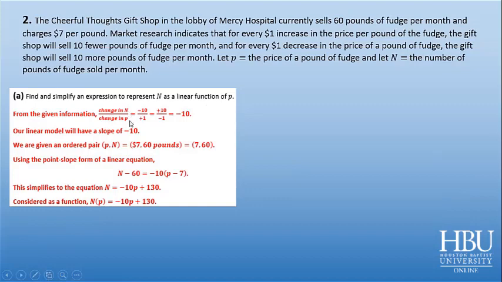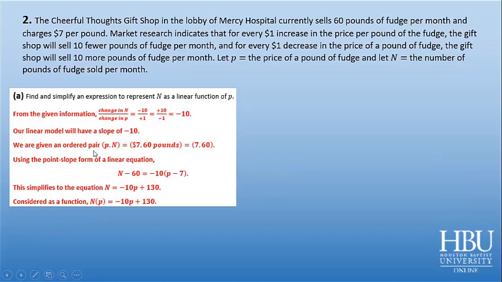If the price goes up $1, the number of pounds goes down 10, so minus 10 over plus 1. Or if the price is decreased by $1, the number of pounds increases by 10, plus 10 over minus 1. Negative 10 over plus 1 or plus 10 over negative 1 both equal minus 10. So the linear model will have a slope of minus 10.